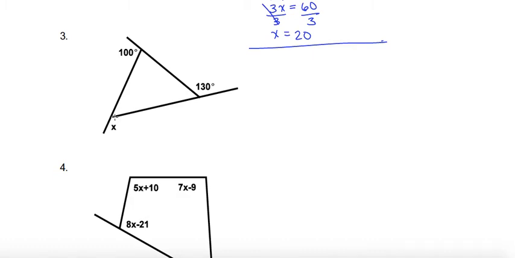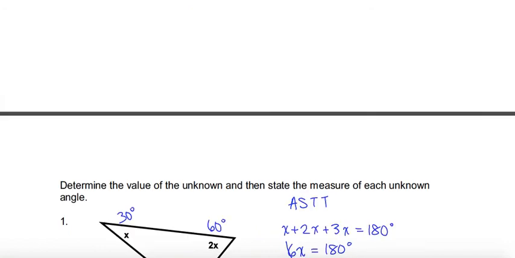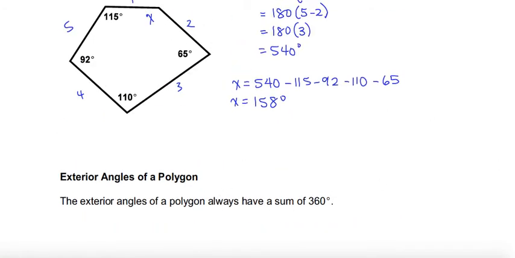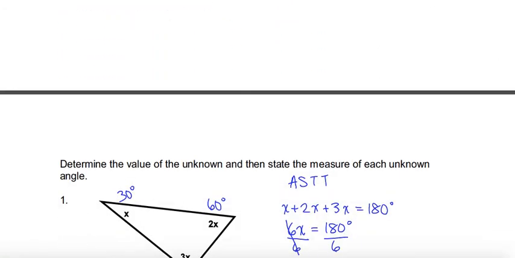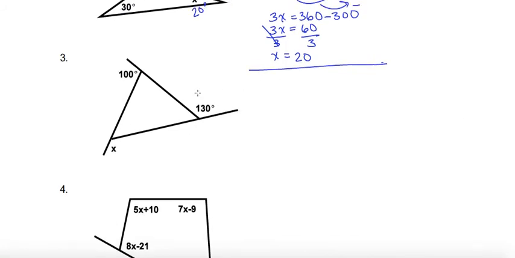We know the exterior angles of a polygon theorem, so if we come back up here, it tells us that these angles will have to add up to 360 degrees. So this tells us that x plus 100 plus 130 is equal to 360 degrees.